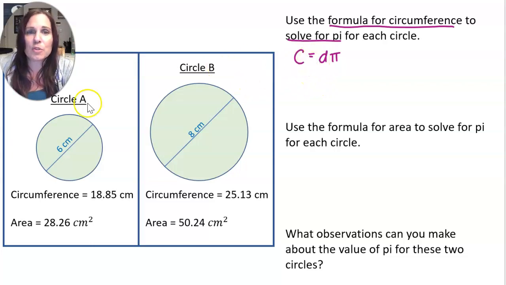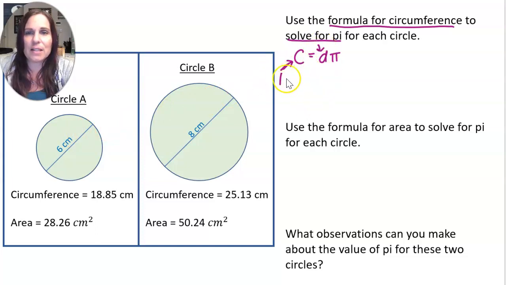Okay, so for circle A, my circumference is 18.85. So that's going to go right here. And then my diameter is 6. So that's going to go right here. So now I'm just going to plug in.